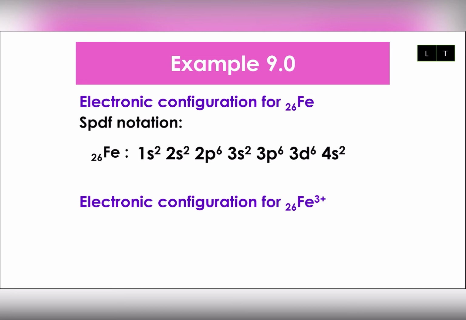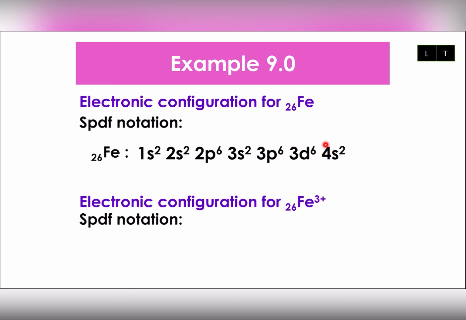Now I want you to write the electronic configuration in the same SPDF notation, but right now for Fe3+. So please remember, we are going to apply what we've learned so far. Hopefully you still remember that when you fill in electrons based on the Aufbau principle, you fill in 4s first, then 3d.